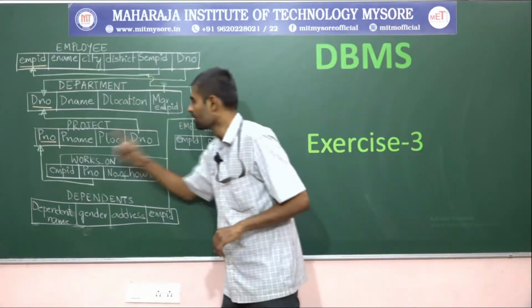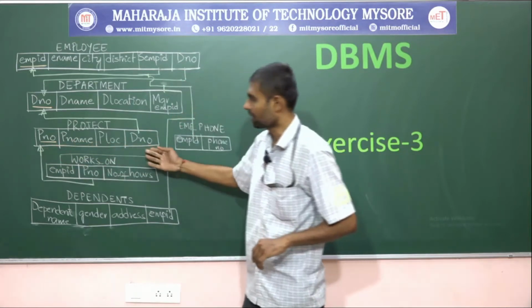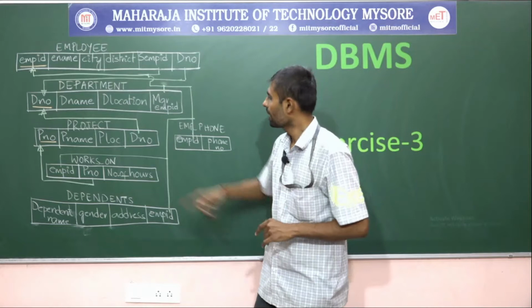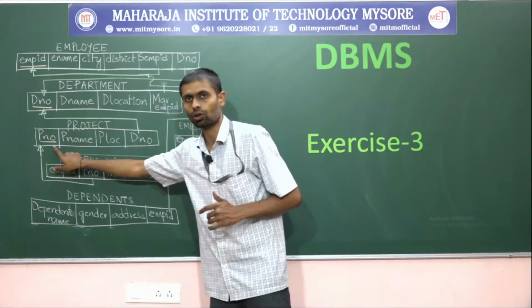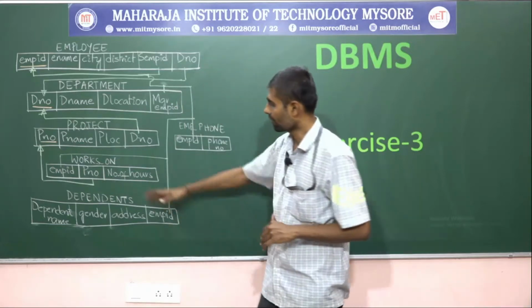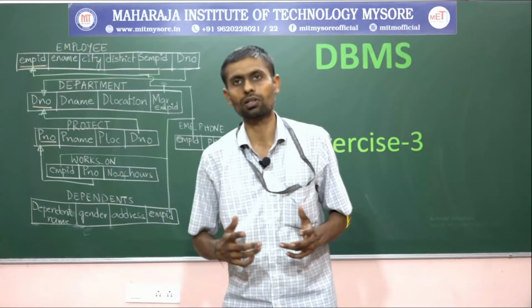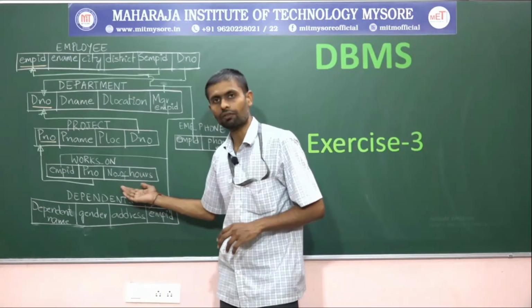Next, projects: all project details are present in the project table where we made the project number a key attribute, and department number indicates the department controlling this project. Then works on contains the details about which employee is working on which project and how many hours per week.